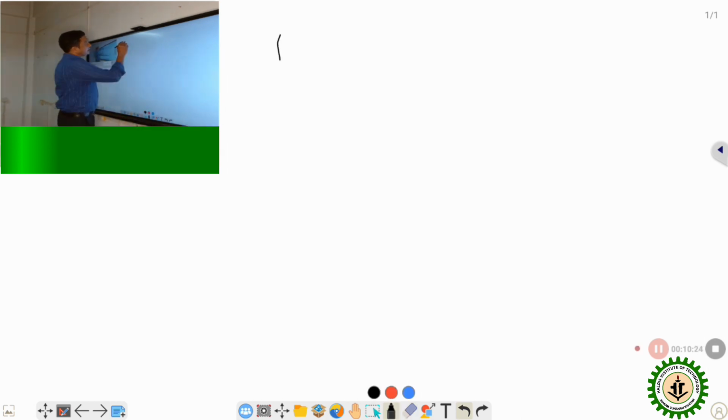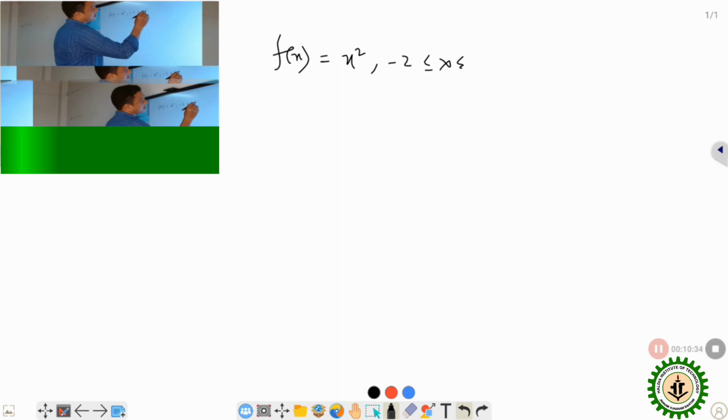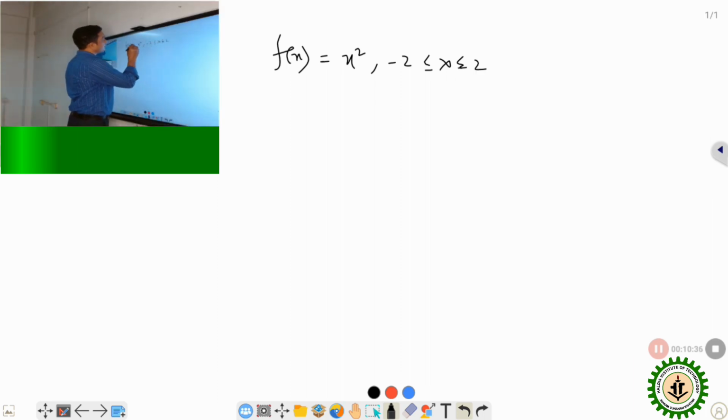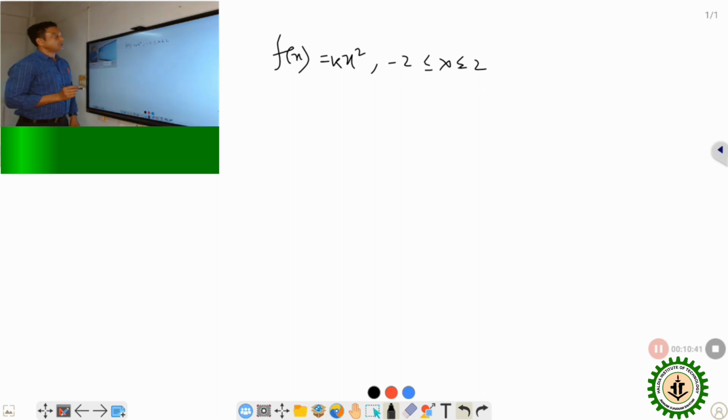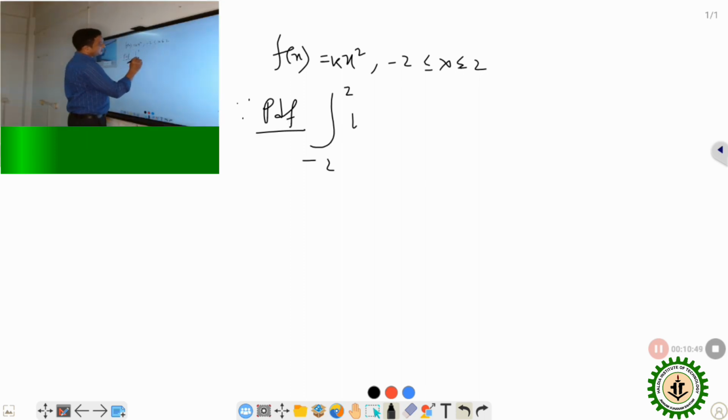Okay, let a PDF f of x be defined as k into x square from minus 2 to 2. Since it is a PDF, the integration from minus 2 to plus 2 of k into x square dx equals 1, because the sum of the probability equals 1.